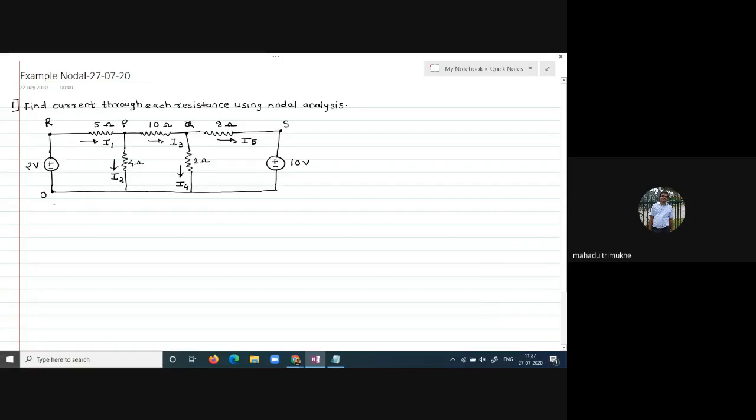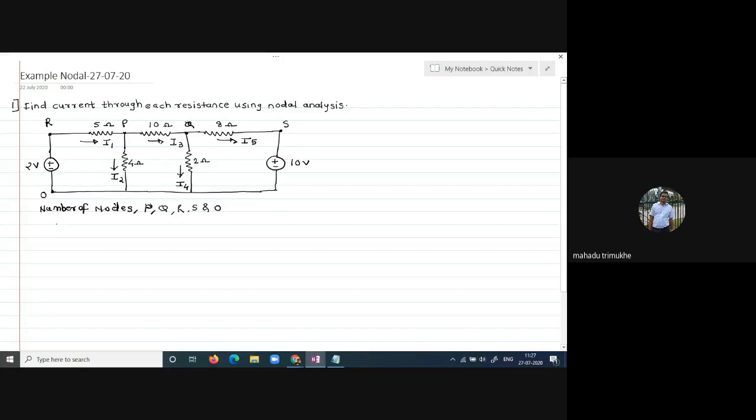The number of nodes present in the electrical network is P, Q, R, S, and O. Okay, these are the nodes.